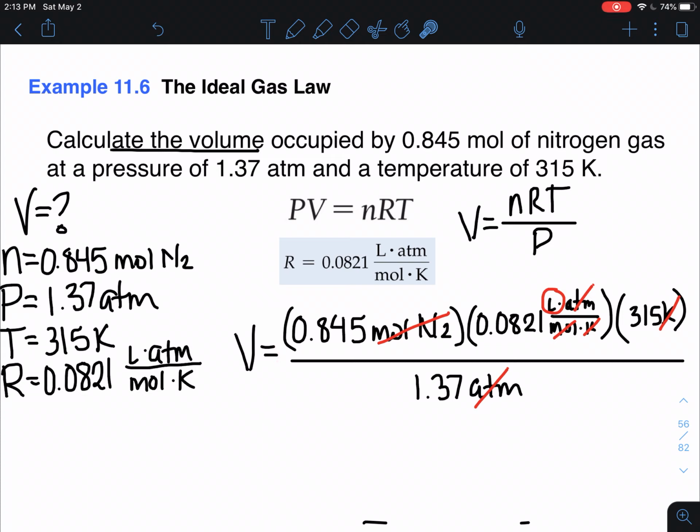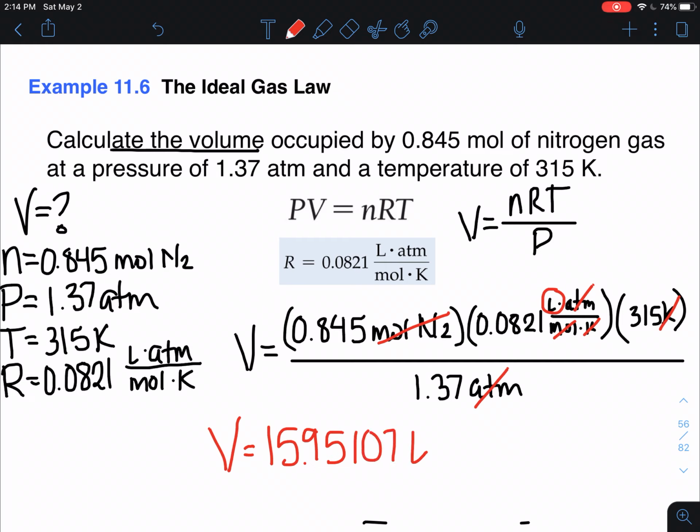So we're just going to plug everything in: 0.845 multiplied by 0.0821 multiplied by 315 over 1.37. That gives us a volume of 15.95107, and again that's in liters.